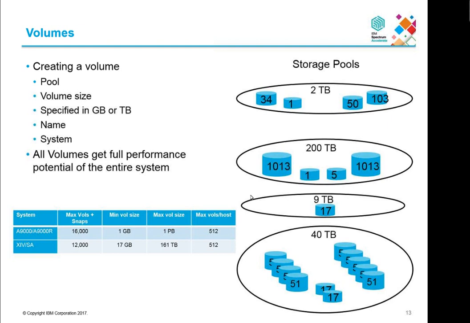If I get within 95%, it's going to automatically round up. So it creates some sort of strange behavior. I can create a 98 gigabyte volume on an A9000. I cannot create a 99 gigabyte volume. It's going to round up to 103.